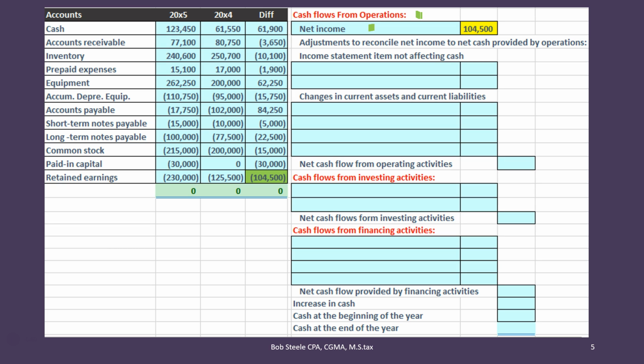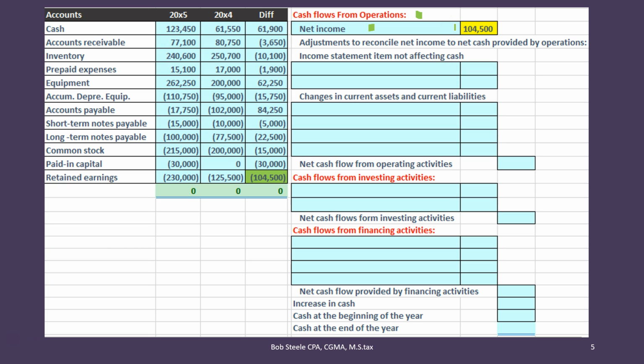We're going to use the indirect method for a couple of reasons. The main reason is that often generally accepted accounting principles and other regulations require it, even if we use the direct method. Because of that, a lot of companies will use it, and the indirect method is widely used. The second reason is that we already figured out net income.